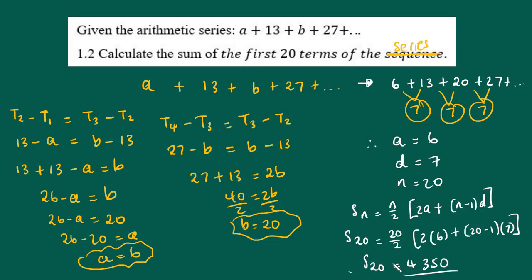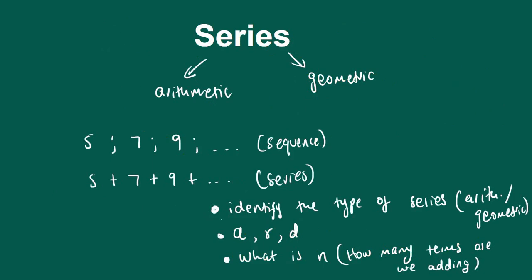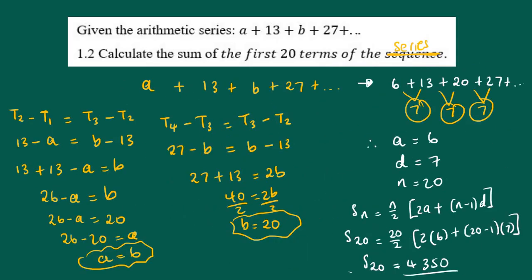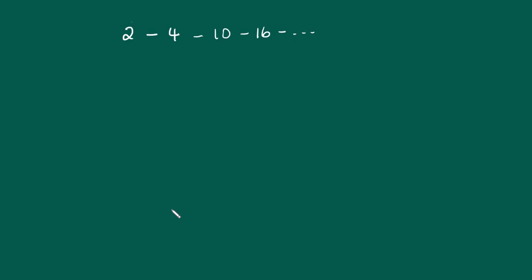Now some of the questions will come like this. This is the first type of question that you are going to find. And then the other types of questions that you will get would be in this format. Some of the questions can come in this way.